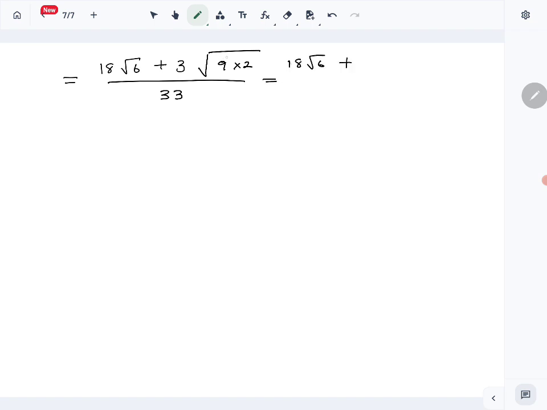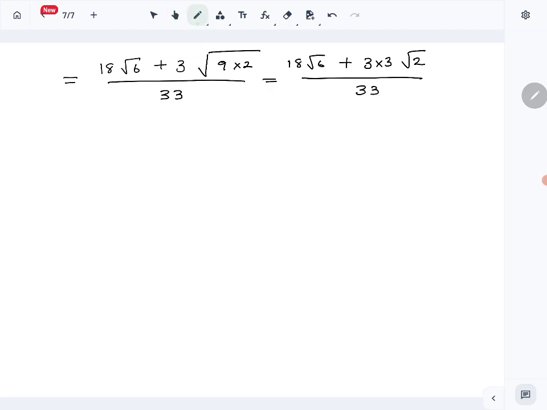This is what? 9 is what? 9 is 3 squared. So you can take a 3 out now. So you have what? 3 times 3 square root 2 divided by 33. Right. So now notice this number has a multiple of 3. This number has a multiple of 3. 33 has a multiple of 3.